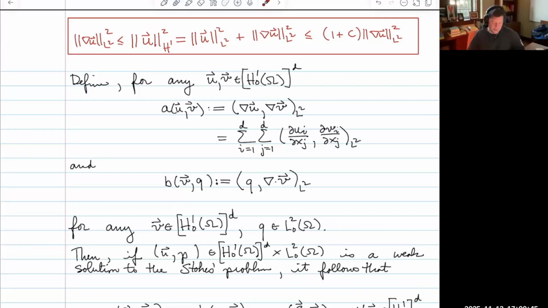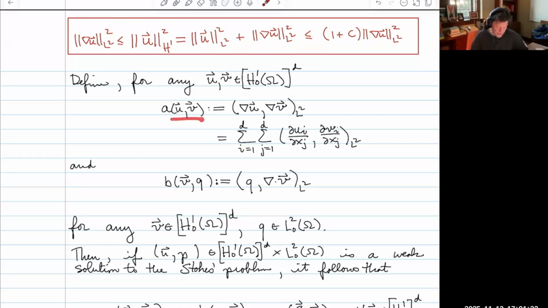All right, so like we've done many times with the other equations we've looked at, like the Poisson equation, we've rewritten them in fairly generic terms. And so we're going to do the same thing with the Stokes equation. We've got one of the parts down, this B bilinear form that we've already defined. Let's go ahead and define this object called the A bilinear form.